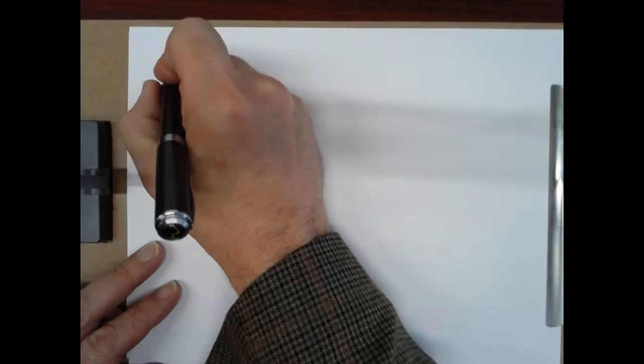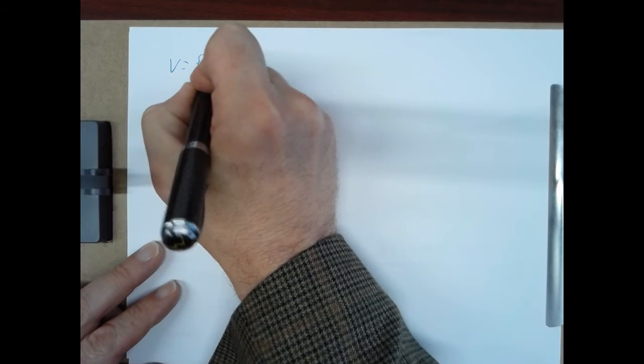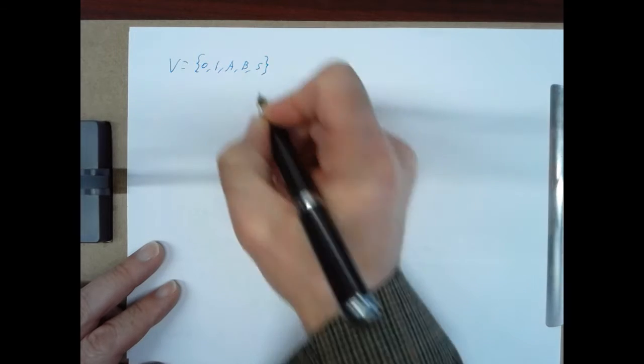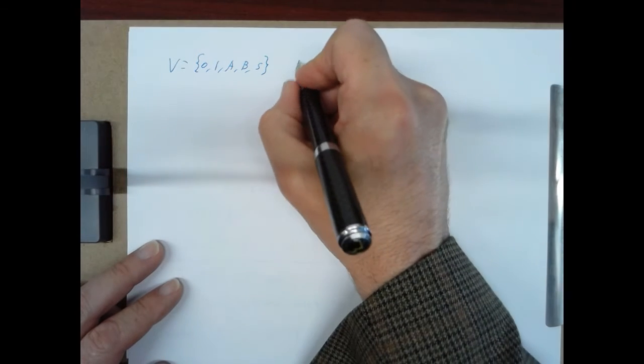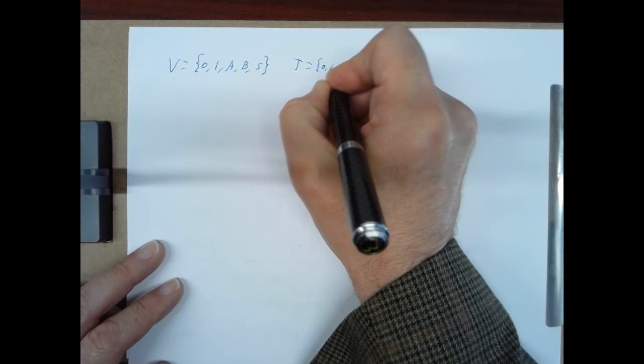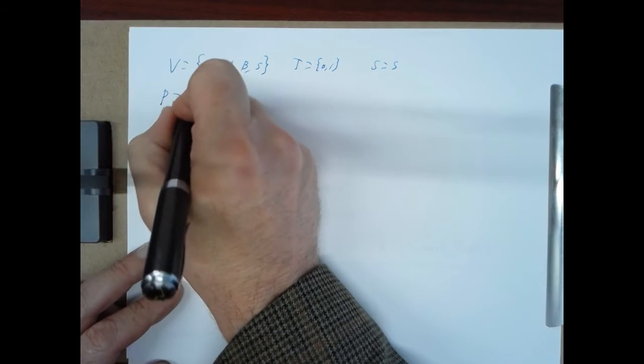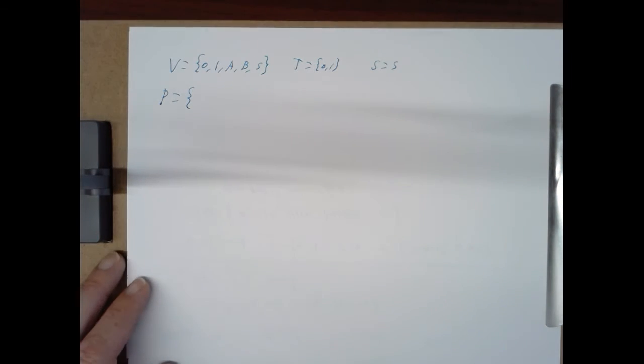All right, let's try another. So our vocabulary is 0, 1, A, B, and S. Our terminals are 0, 1. Our start symbol is S. And our production rules are as follows.